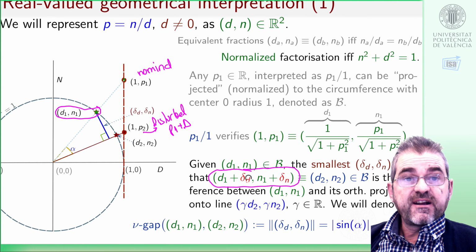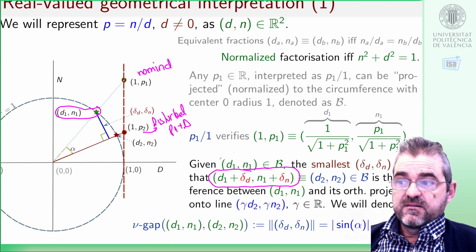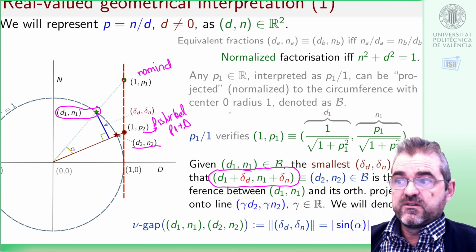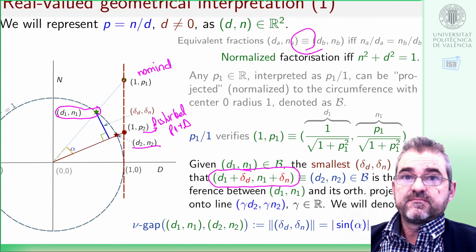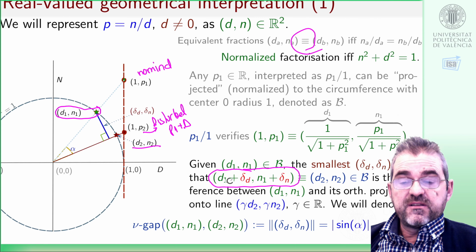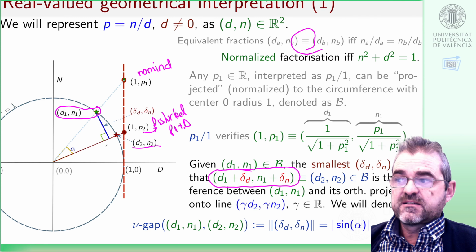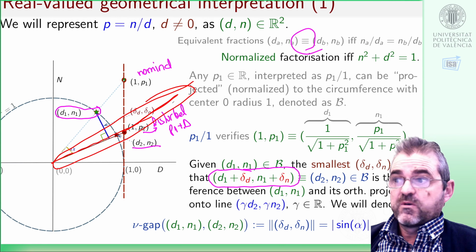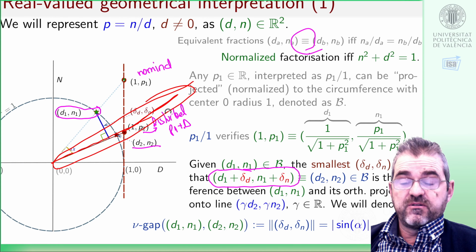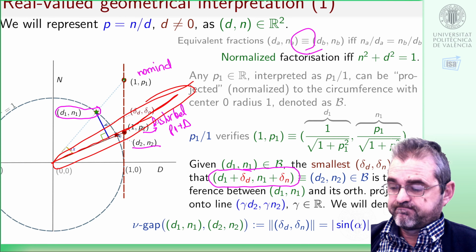And this new fraction must be equal to P2, n2 over d2, but okay, not equal. We need only to be equivalent. We need only to get a new numerator and denominator that lies in this line, which represents all the fractions equivalent to the real number P2.